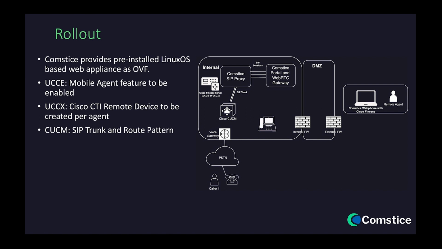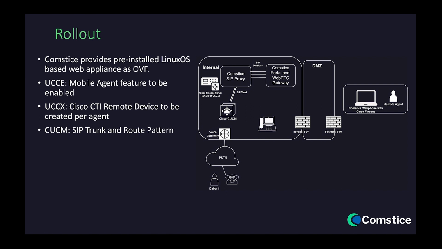For UCCE, you will configure the mobile agent. You can enable mobile agent in the agent desk settings, and also configure the LCP and RCP ports on the call manager for the UCCE mobile agent scenario. In UCCX, you will use the Cisco CTI remote device feature.